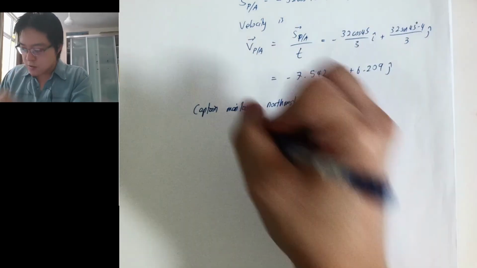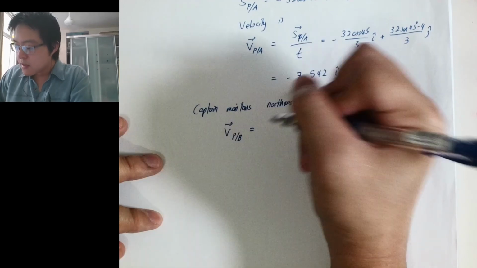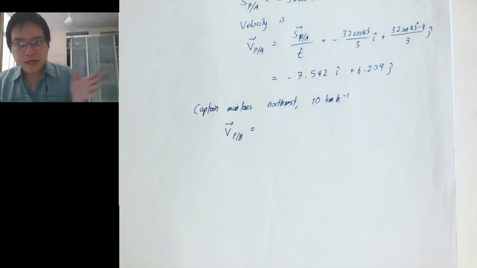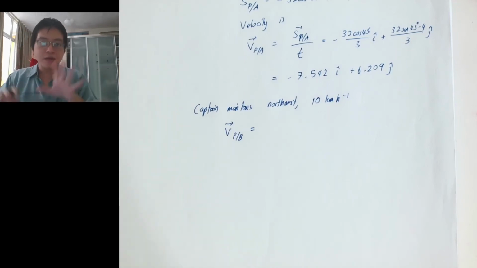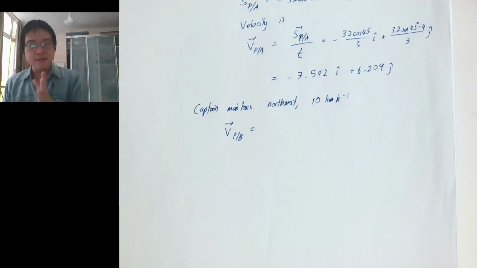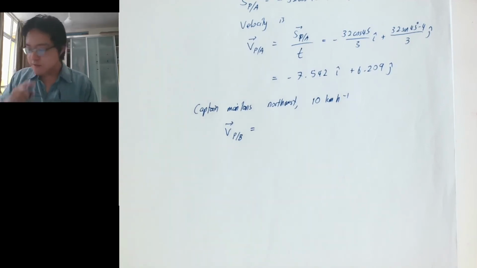So I can get the velocity vector of P relative to the water, because when you control the boat, usually you control it relative to the water, because your pedal and rudder are interacting with the water. That's why you control the velocity relative to the water.